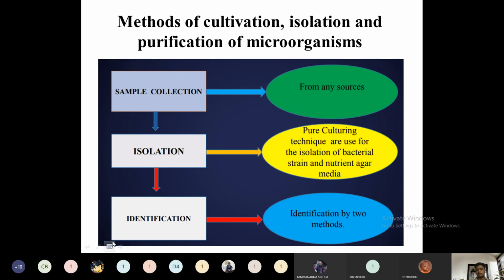Among the identifications, there are two types. One is morphological identification. The next is biochemical identification. In morphological identification, we use some microscopic techniques to identify what size it possesses.